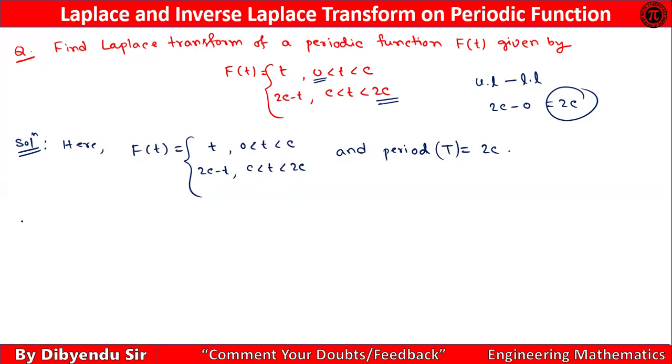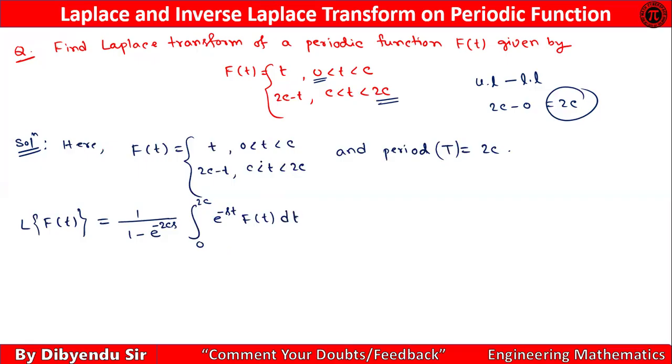So let's solve it. Laplace of f of t equals 1 by 1 minus e to the power minus 2cs, integration 0 to 2c e to the power minus st f of t dt.